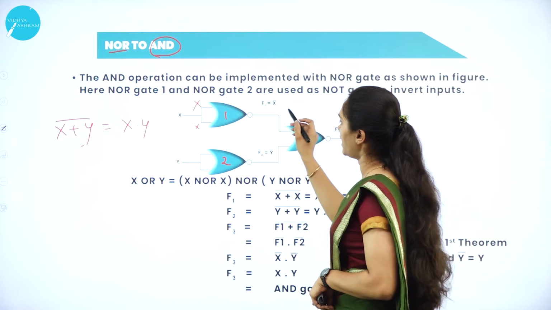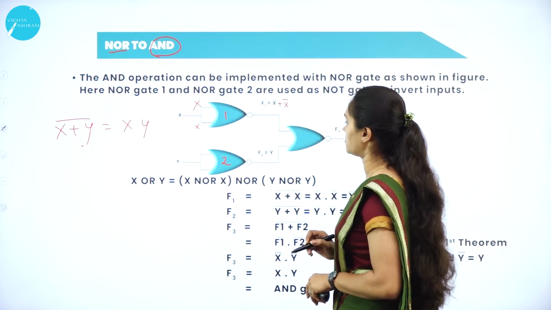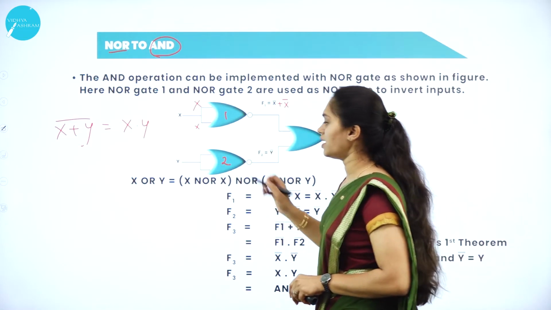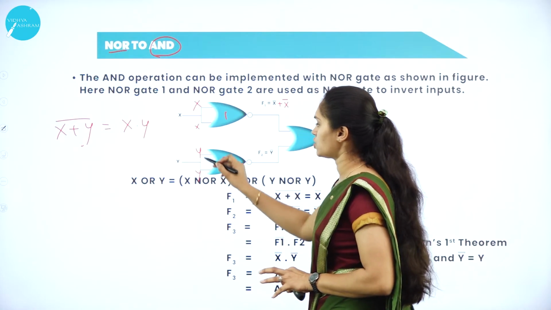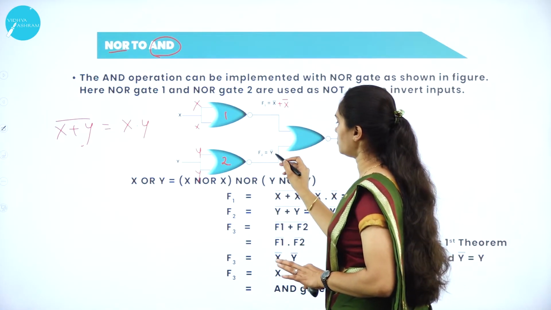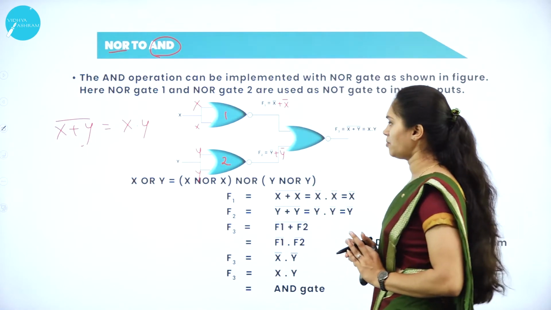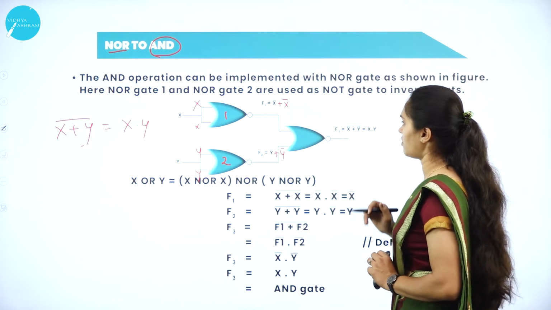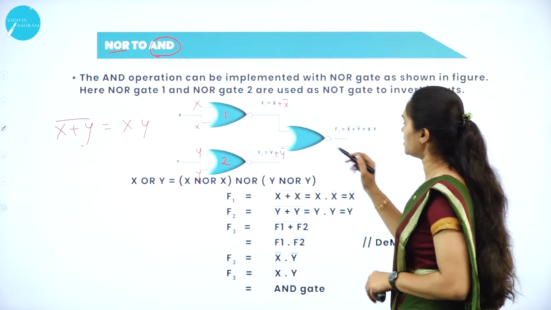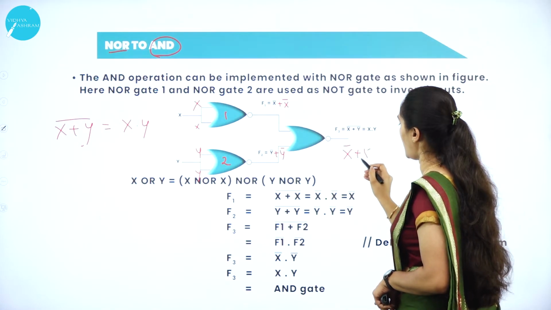That means it is going to give us x plus x whole bar. Here we have another NOR gate, which is taking y as input. So y and y, this becomes y bar. So these are the inputs. When it reaches this one, what will it become? What was my first input? That is x bar plus x bar.